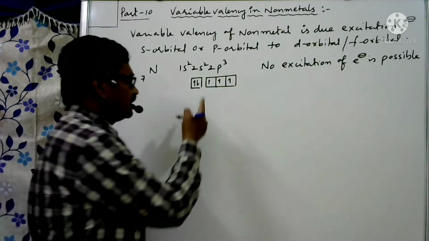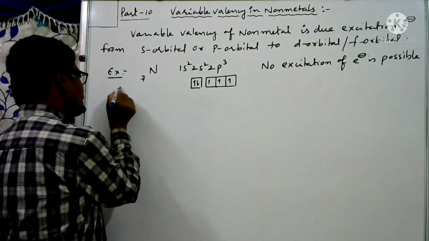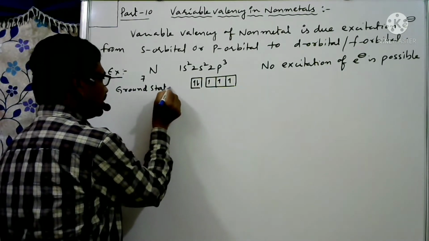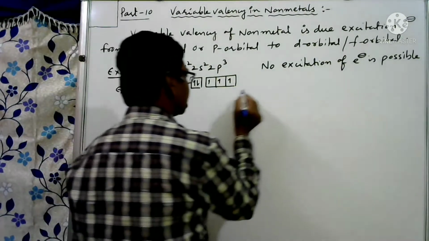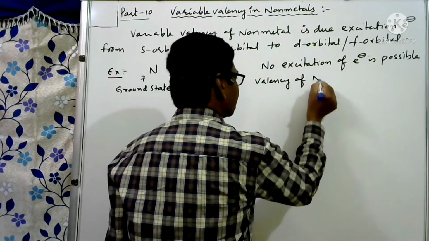Due to these three unpaired electrons in the ground state, this electron configuration is called the ground state electron configuration. In the ground state, the valency of nitrogen is 3.